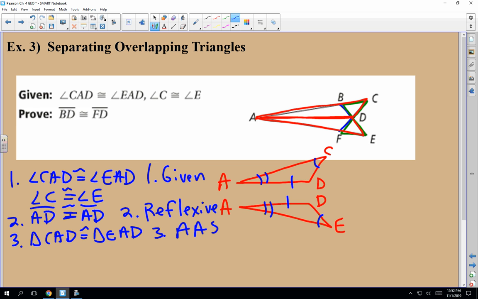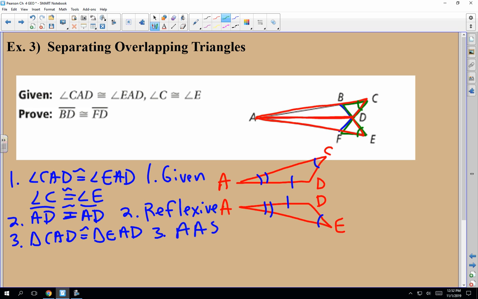Then I have to ask the question, what pieces are shared in the green triangles and the red triangles? So I've got an angle here and an angle here that are shared, those two angles. And I have one other side length in the red ones that are shared entirely in the green ones. Do you see which two they are?